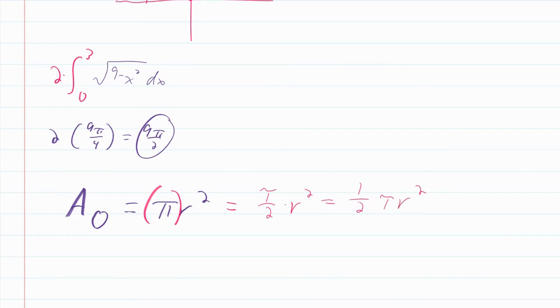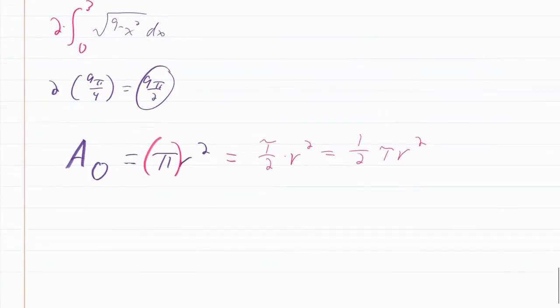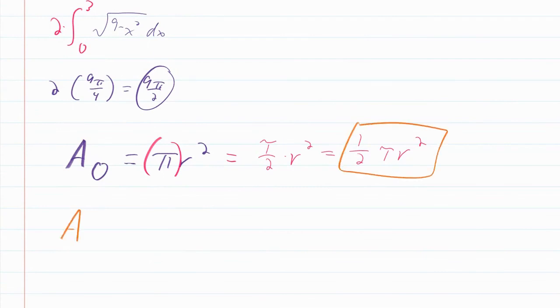Those of you in physics recognize 1/2 mv squared or 1/2 at squared, and this kind of 1/2 something times something else squared tends to creep up a lot in math and science. This is the area of a circle, which seems more complicated, but the area of a sector is equal to 1/2 theta r squared, where tau is now replaced with whatever angle, and that's the area of the sector of a circle. That would have been so much easier to remember if we had used tau from the get-go.